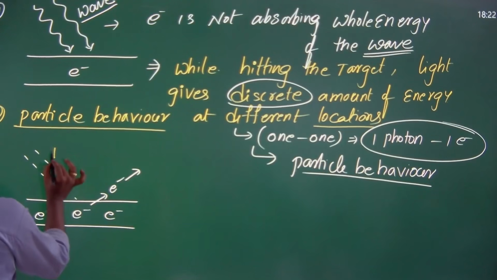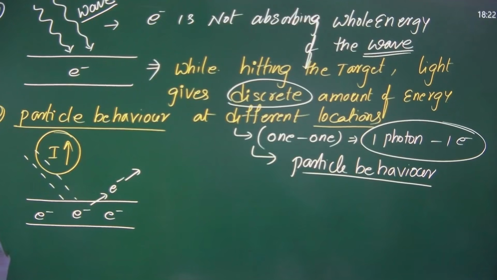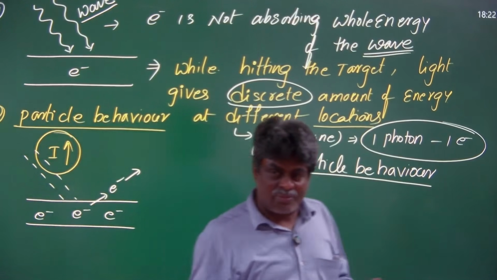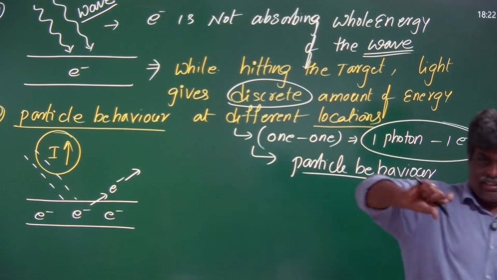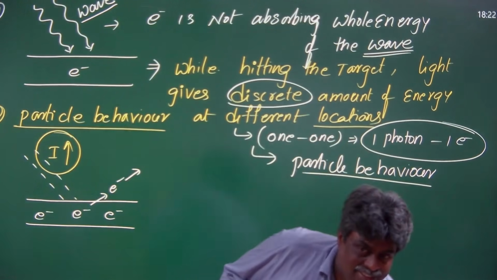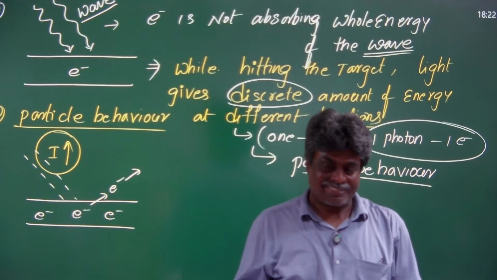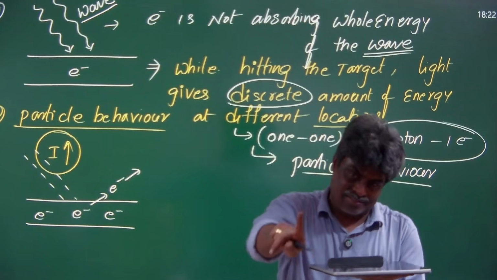Now again, what I am doing is increasing the intensity of this. Still I don't know whether it is wave or particle. Now this is the most important point. While it is hitting, it behaves like a particle.